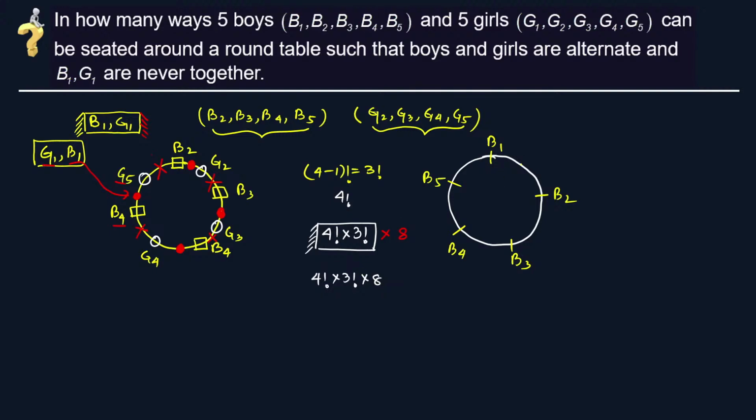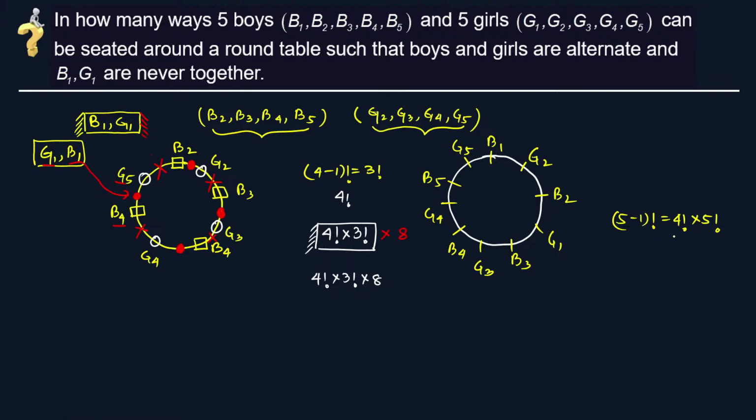And your girls will be placed here. So boys can be placed in this circular table in 5 minus 1, that is factorial 4 different ways, and the girls can be seated in between in how many different ways? In factorial 5 different ways. Yes or no, tell me.